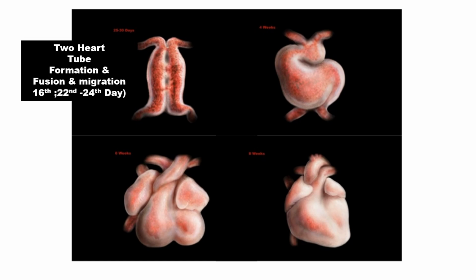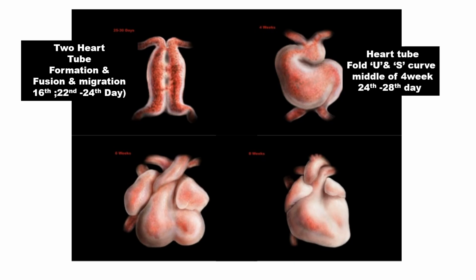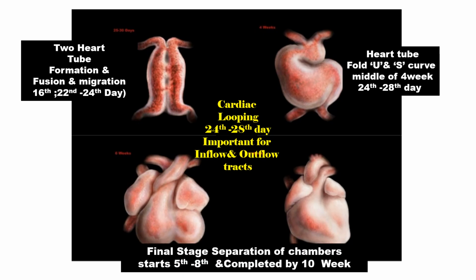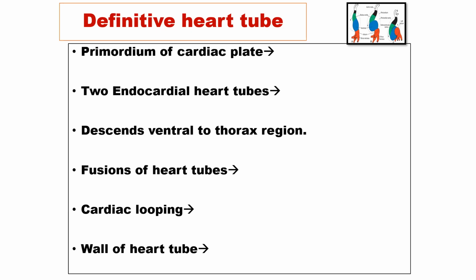Two heart tubes: formation, fusion, migration by the 24th day. Folding or cardiac looping, U and S curve, by the 24th to 28th day. Cardiac looping is important for inflow and outflow tracts. The final stage of separation of chambers starts around the 5th to 8th week and is completed by the 10th week.